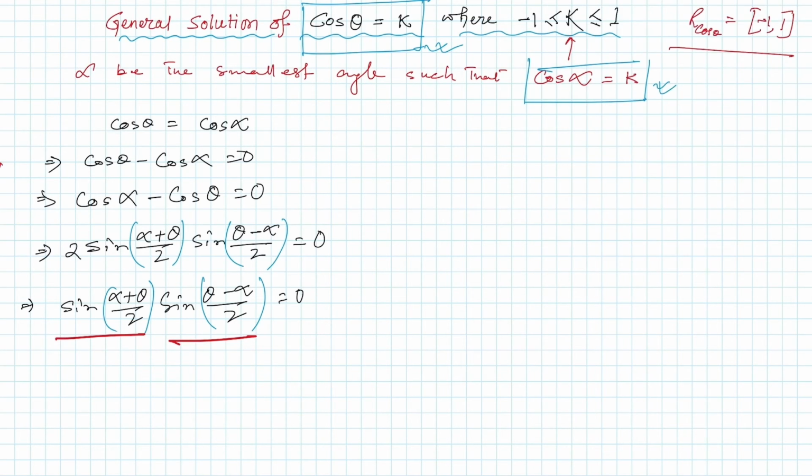So let me divide the page here. From here we can write either sine (alpha plus theta)/2 is equal to 0, or sine (theta minus alpha)/2 is equal to 0. If we consider this as theta as a whole, then we know the general solution of sine theta is n pi, so instead of theta we write alpha plus theta.